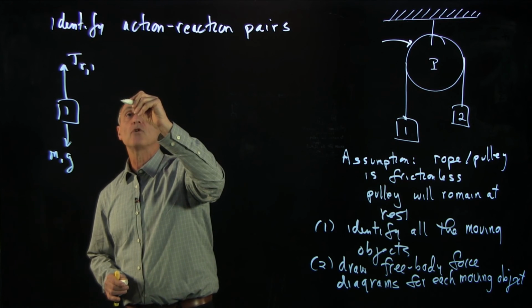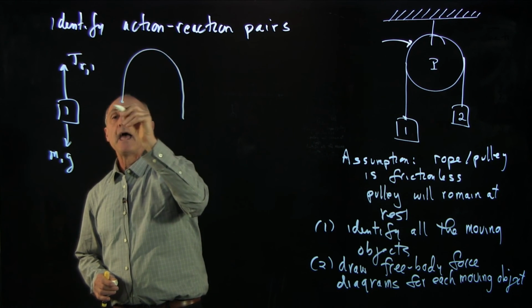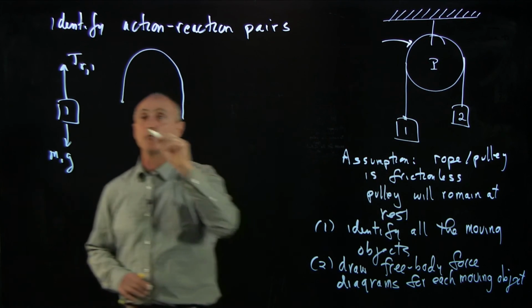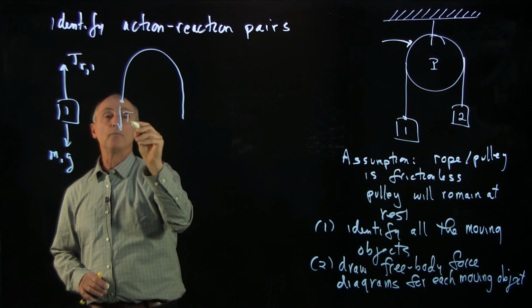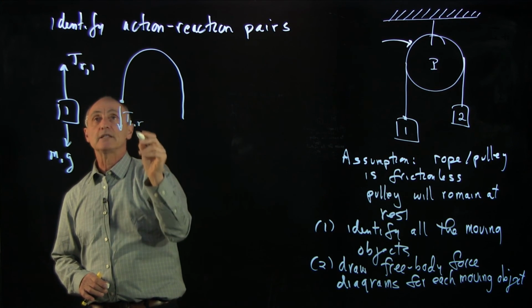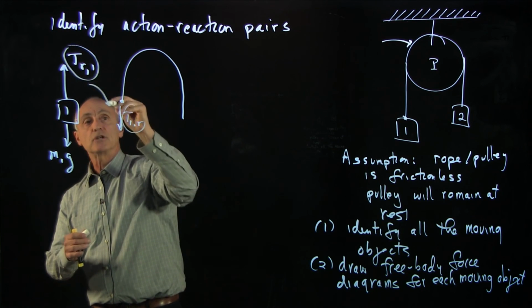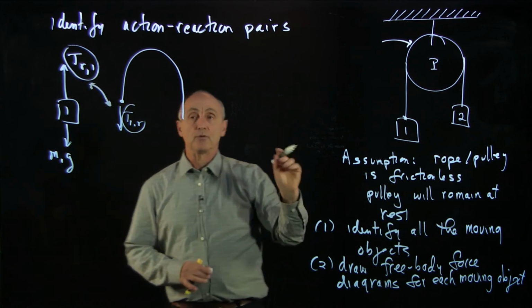So now let's draw a picture of our rope. And this object here, object 1, is pulling the rope down. And so we have on the rope object 1 pulling it down, and this is our action-reaction pair. What are the other forces on the rope?